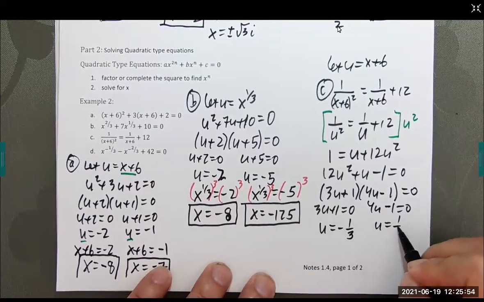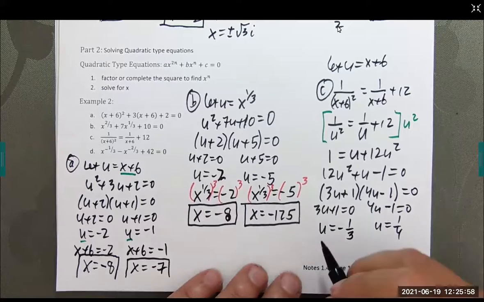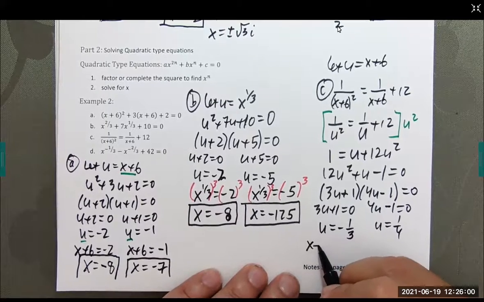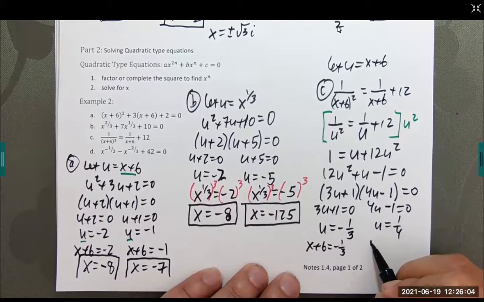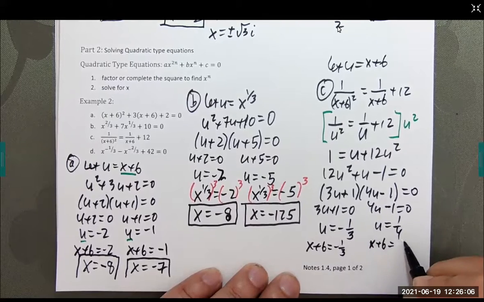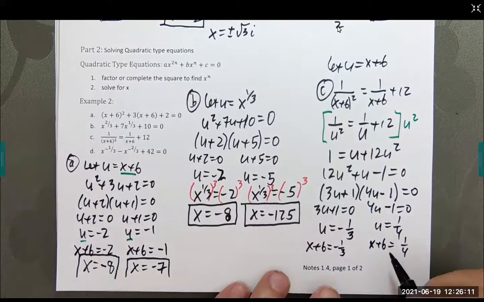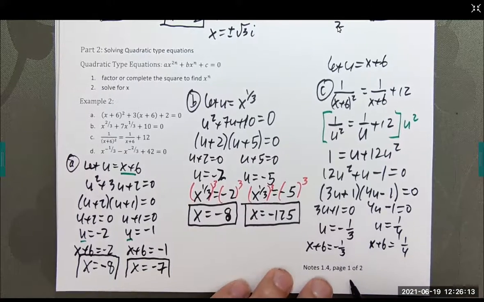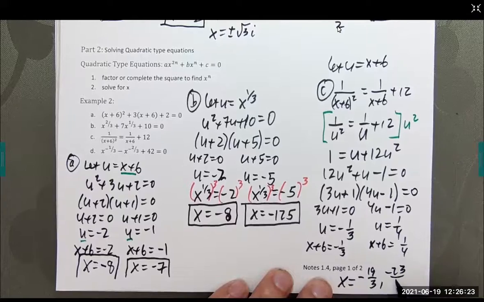U is x plus 6. Subtracting the 6 to the other side, because I'm low on room, you'll have to get the common denominator and everything. But this gets us x equals negative 19 over 3, comma, negative 23 over 4.